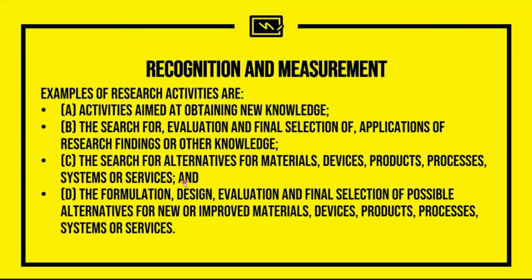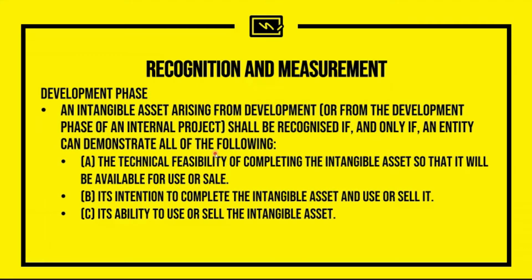So these are the main items. Generally, the context clues are always search, formulation, finalizing, selection, all of those things. But when it comes already to applying your research findings, it is now the development phase.